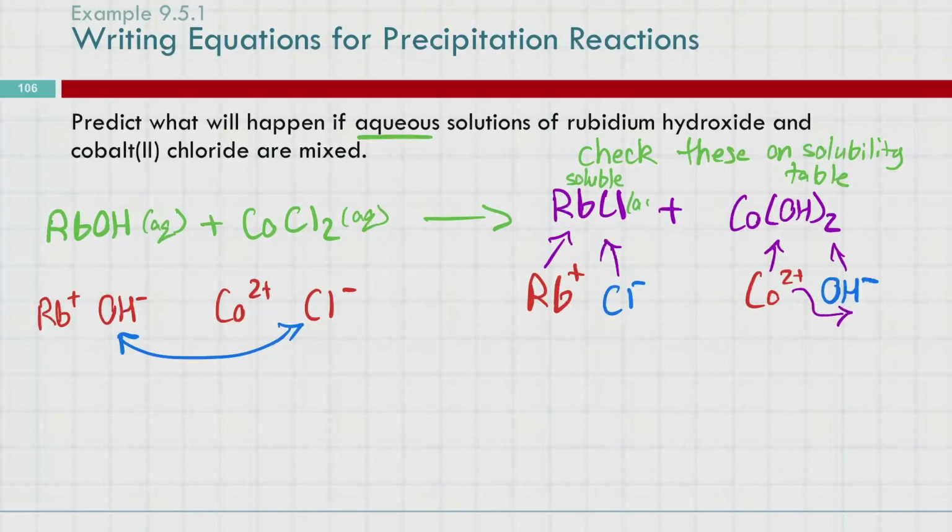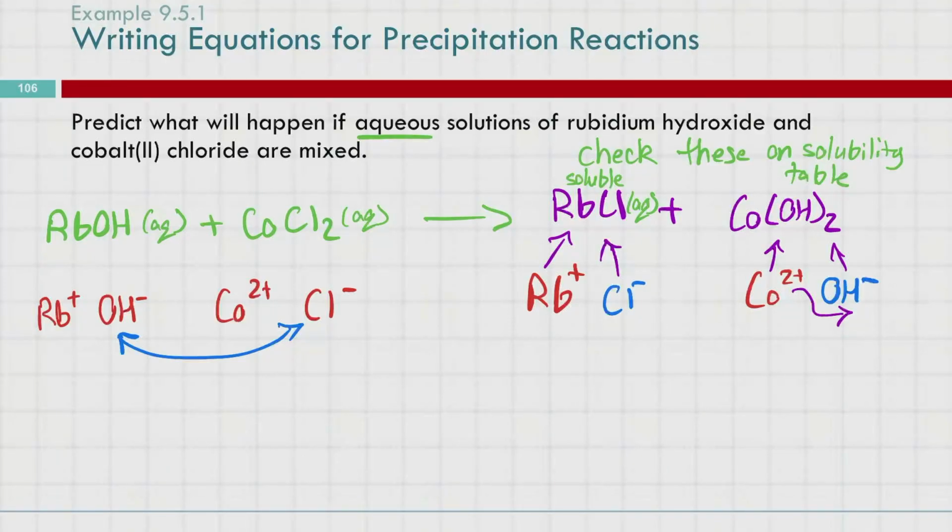So we would give it the (aq). And then we need to look at Co(OH)2. Cobalt is not on here, but if we look at the very bottom of our green sheet solubility table in the generally insoluble section, we see OH−. So hydroxide is there, except when paired with group 1 or ammonium.